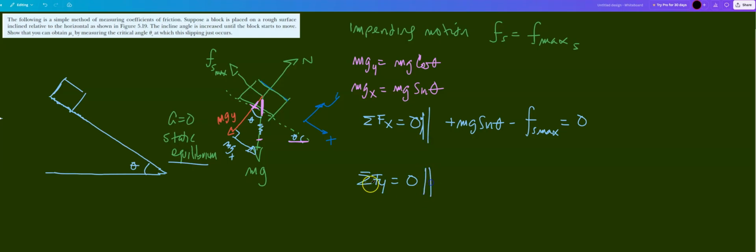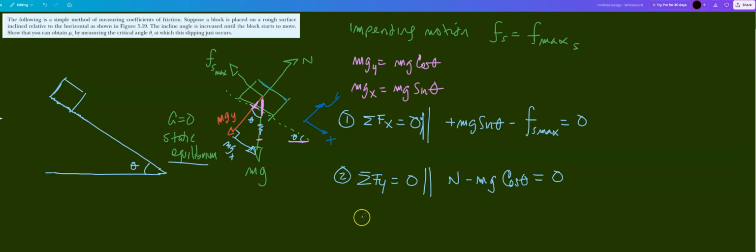Now let's do the other one here, sum of forces in y. Well, in the inclined y, we have the normal going up, which is positive, minus mg_y, which is mg cosine of theta. And these two together also must be equal to 0. Good. So let's call this equation 1.